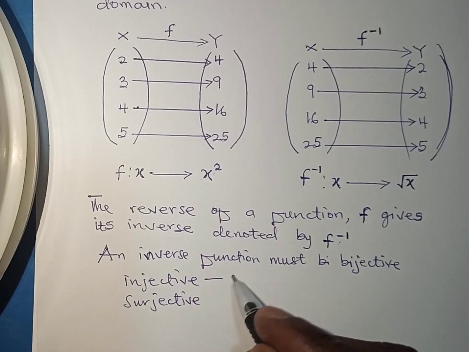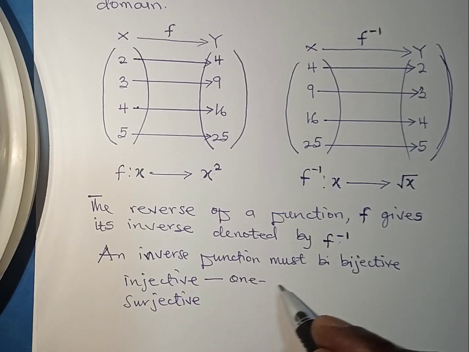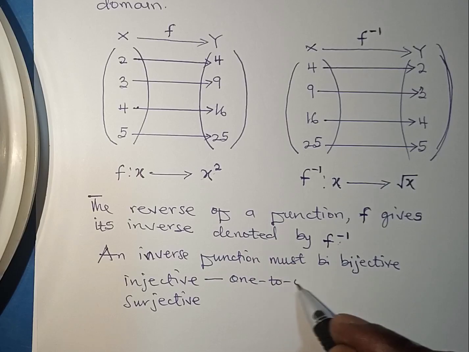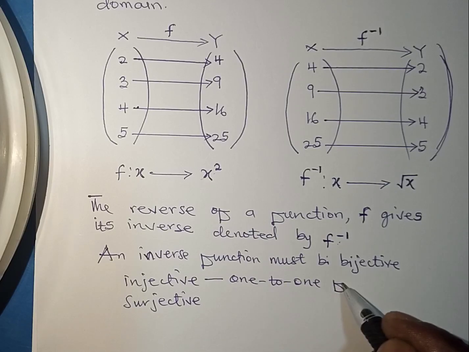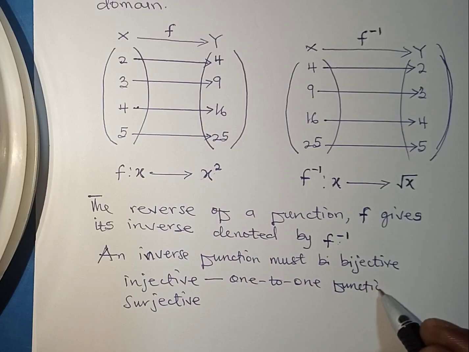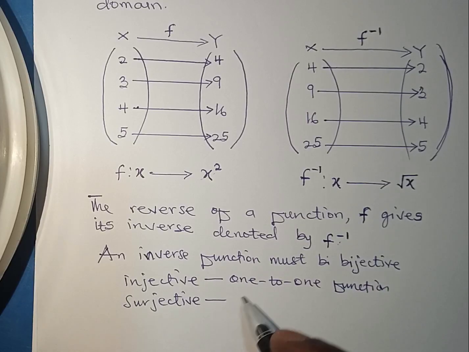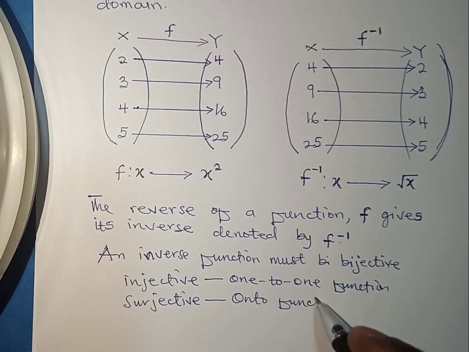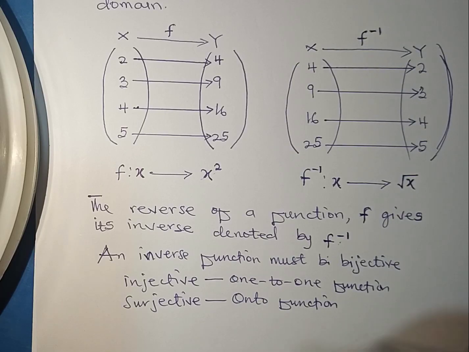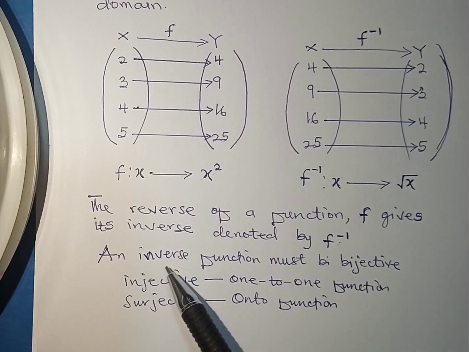So this one is the same as a one to one function, and this one is the same as an onto function. By onto function we mean that the range is the entire codomain, or the range is equal to the codomain.